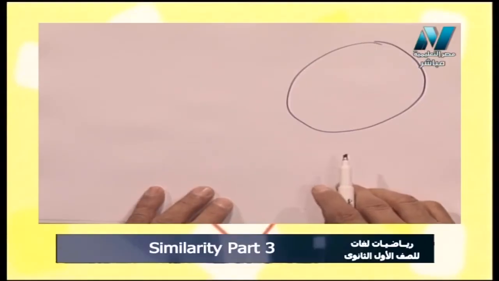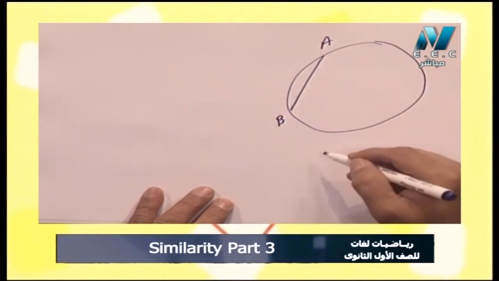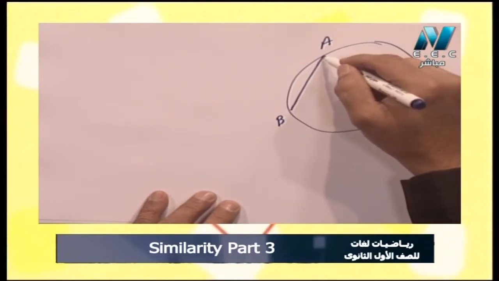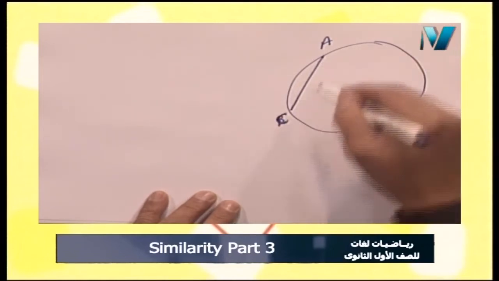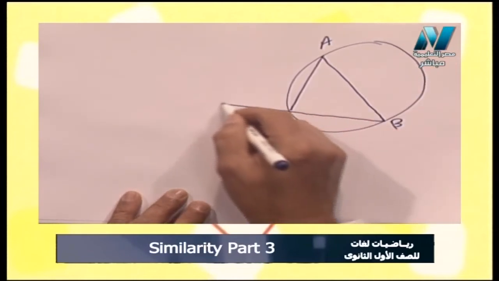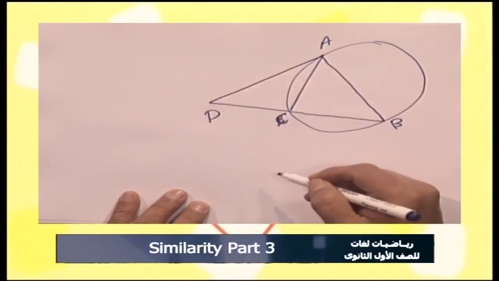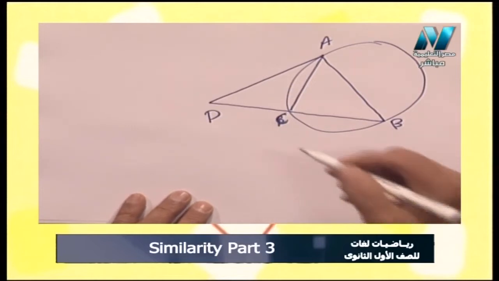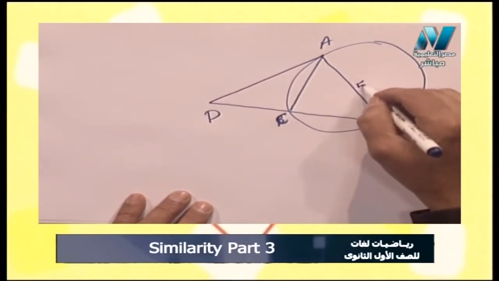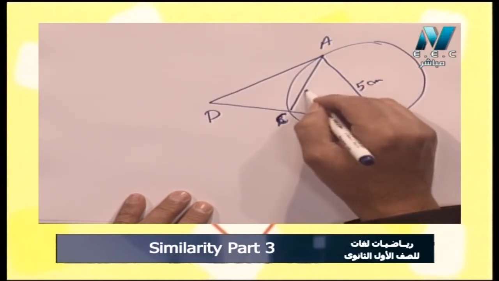Here we have a circle, and we have here the chord AC, and we have AB here, and we have a straight line D, and we have AD. And we have here AB equal 5 centimeter, it is given now, and AC equals 3 centimeter.